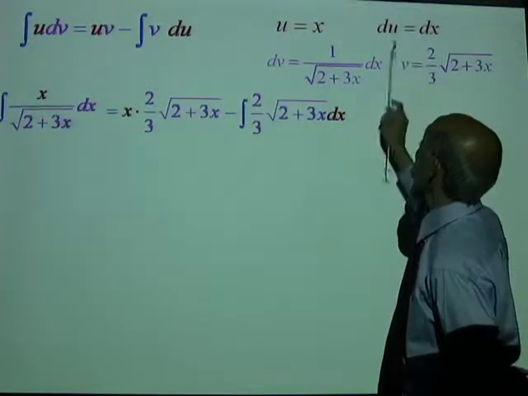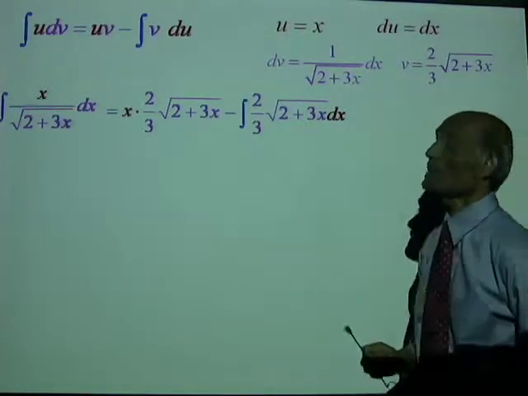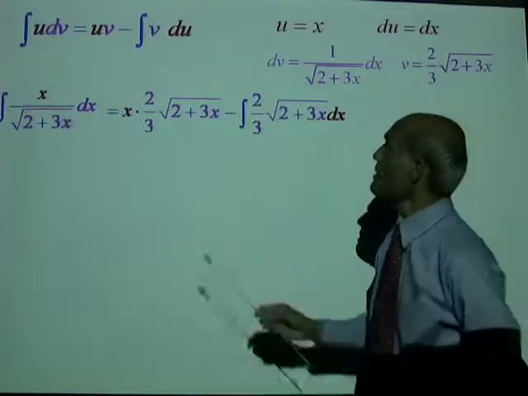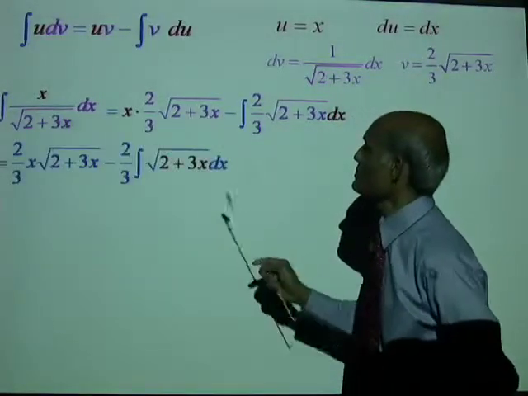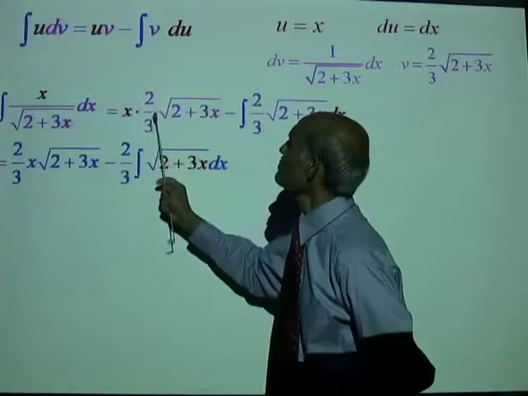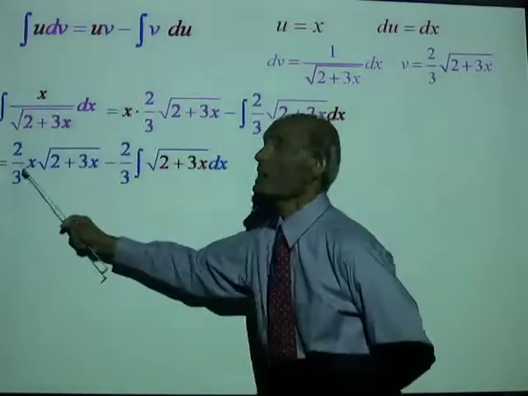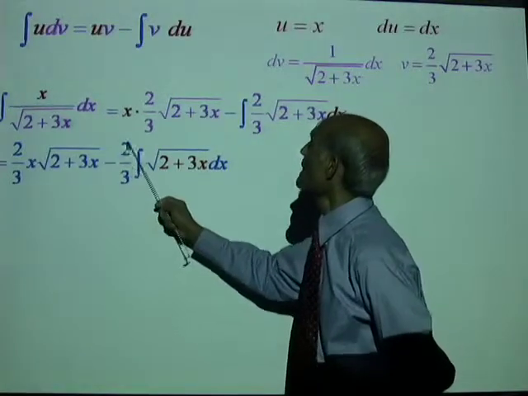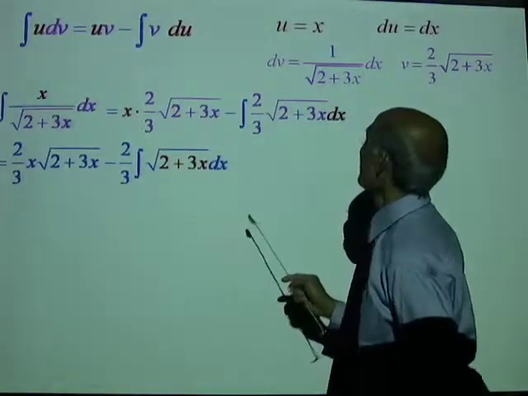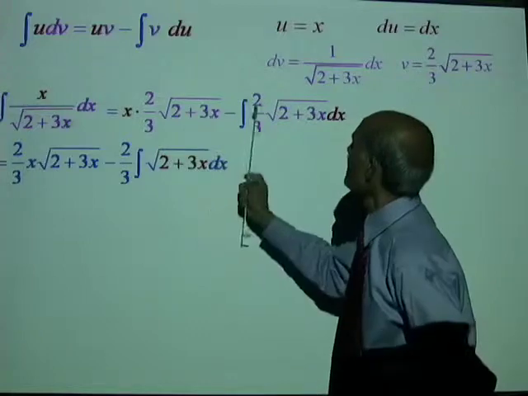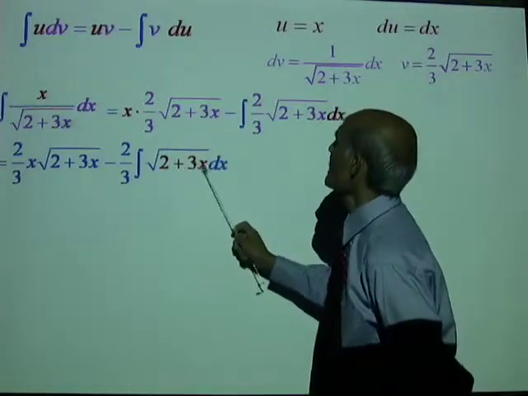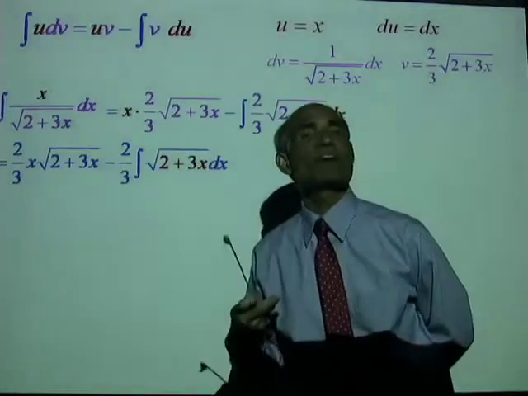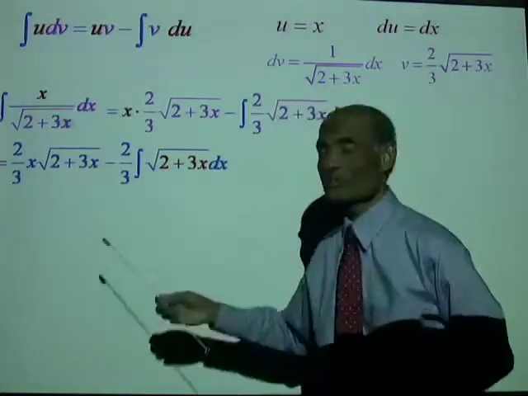Integral v du will be 2/3 square root 2 plus 3x dx. Okay, now that's equal to 2/3 x square root 2 plus 3x minus 2/3 of integral square root 2 plus 3x dx. That can be integrated easily by using a substitution.